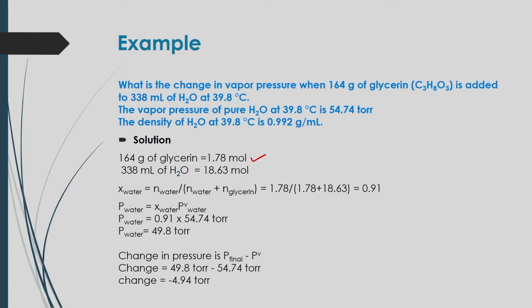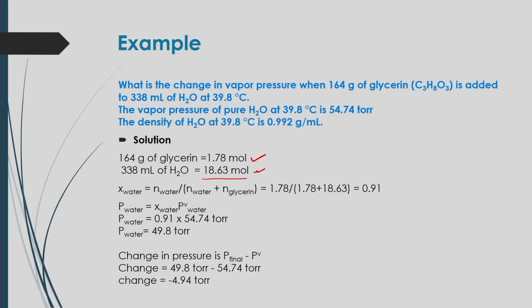Also, the volume of water is given, 338 milliliter, and we need to know how many moles of water there will be, which is 18.63 mole, based on 1 mole of a component at normal temperature and pressure giving 22.4 liter.